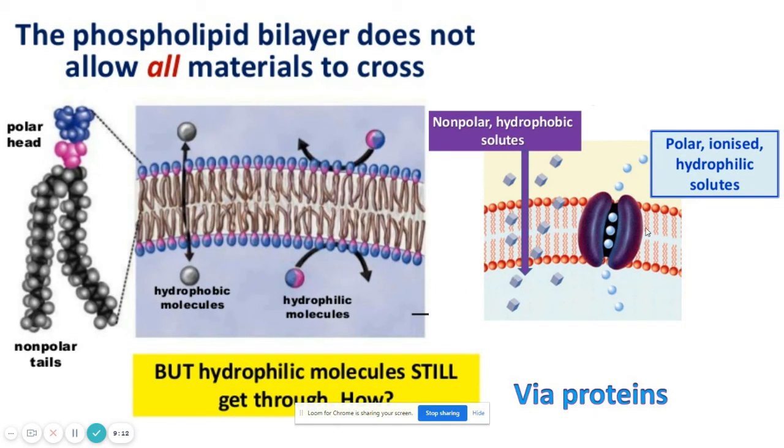Instead, they will use something known as protein channels that look something like this. If you take a look at this protein channel, which is embedded in the cell membrane, it provides a tunnel or a passageway for these polar substances to move through the cell membrane, since they can't just dissolve in it.